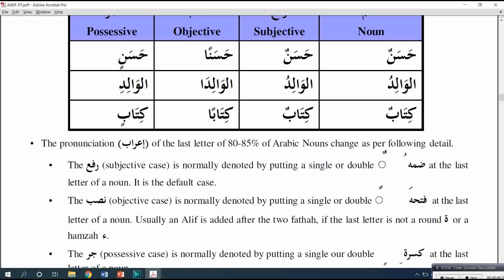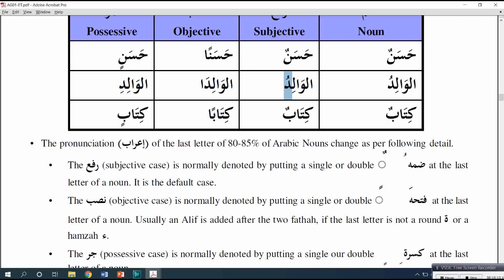But usually when alif lam is added, then the last letter of the word will have just a single dhamma, walidu, not walidun. Al walidu, no. But if you avoid the alif lam, if it is not available, then it will be only walidun, like this. So kindly note this.